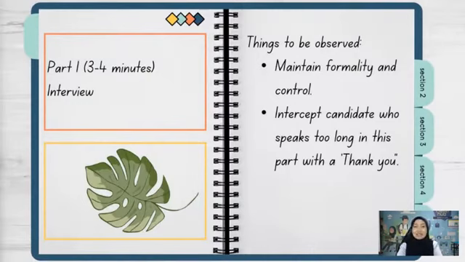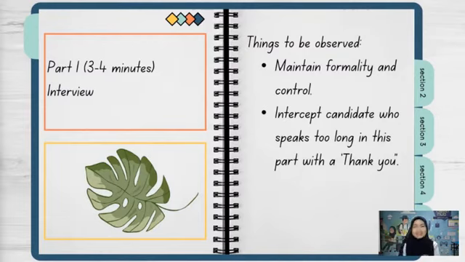Because the interlocutor is a teacher from the same school, the students are used to the teachers, so they are not too formal. For example, they come in and chit chat with their partner because they are too nervous. By right, they shouldn't do that. So you must maintain formality.